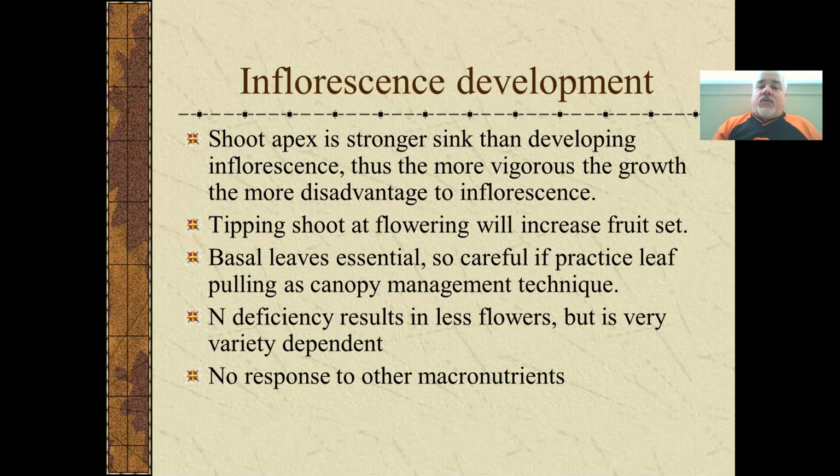How do you get a stronger, more vigorous growth? Either through your rootstock selection, which is crucial. You can't change that. Or your fertility practices. You can change that. If I give a little too much nitrogen in particular, I'm stimulating vigorous canopy growth at the expense of inflorescence growth.